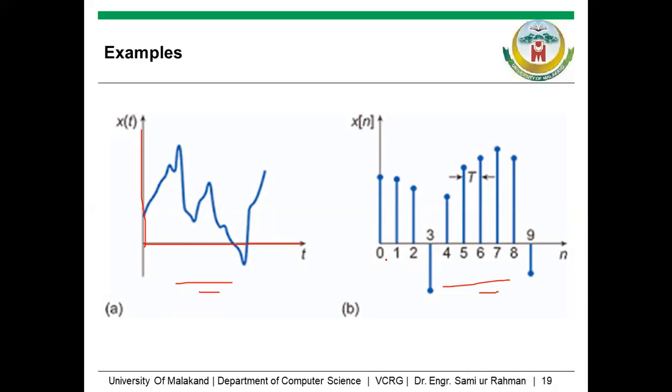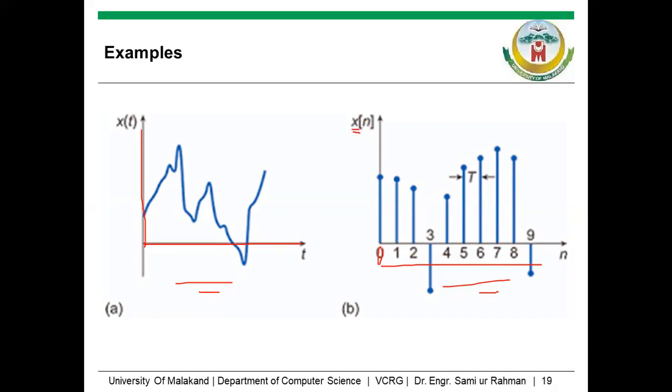Now, first we will discuss this one. Here we have time moments like time 0, time 1, time 2, time 3, time 4, 5, 6, 7, 8, and at these time slices, we have some values, let's say like xn.